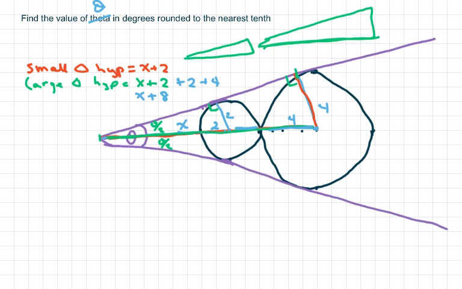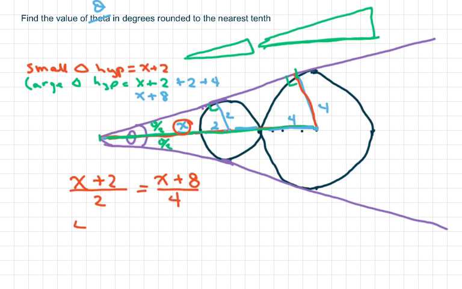Now, since these are similar triangles, we're going to solve for x, so we can find this x right here. That way we can solve for theta. So I'm going to do x plus 2, this hypotenuse, over my radius, equals x plus 8, my hypotenuse, over my radius.